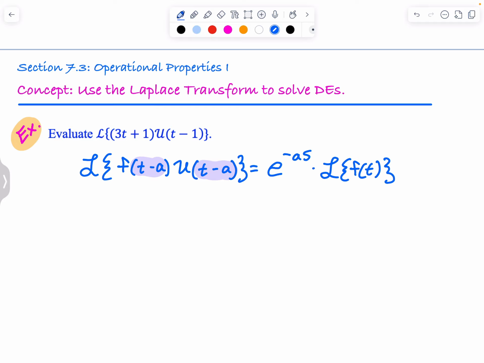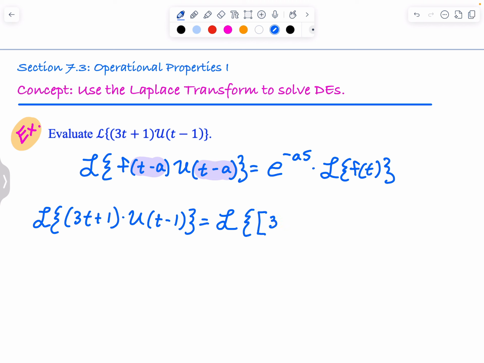So I am going to write the problem down first. 3t plus 1, they do not match. T minus 1 equals, okay, so what we're going to do is manipulate it. I'm going to do the Laplace, and I'm going to put this in brackets instead of parentheses for a moment. I'm going to do 3 of t minus 1.